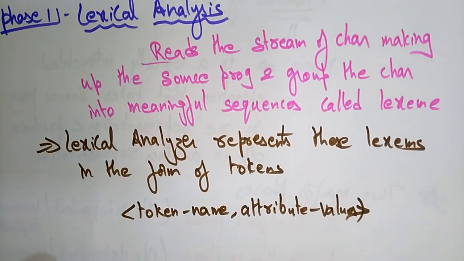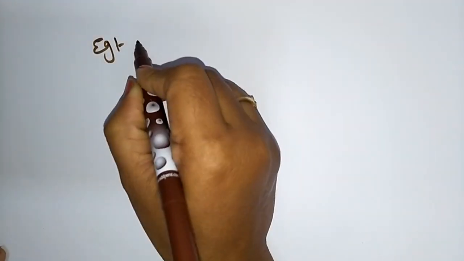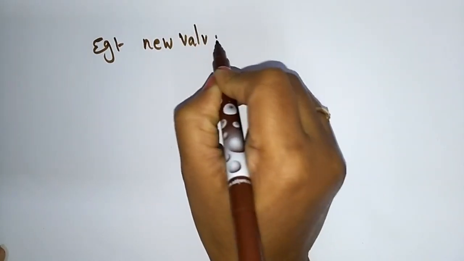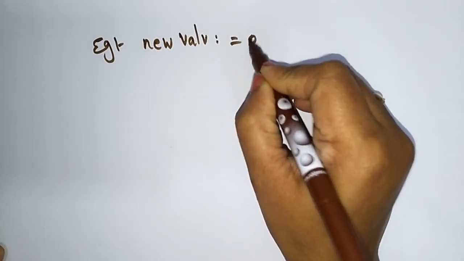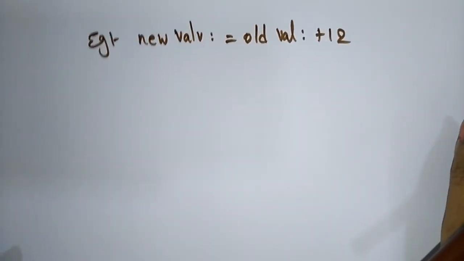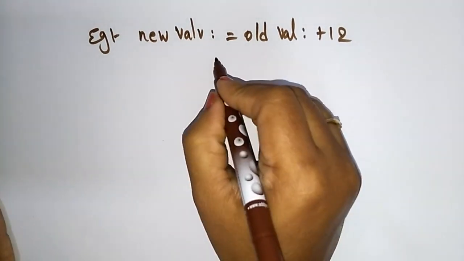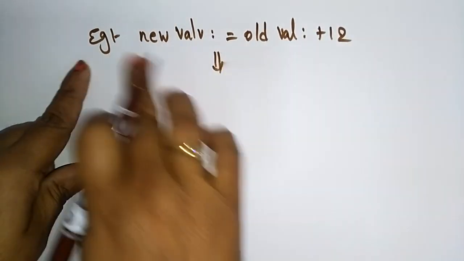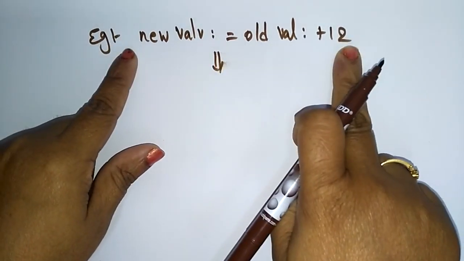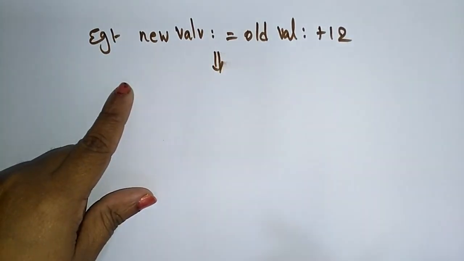Let me take one simple example of how a program is converted into tokens. Take the statement: new value is equal to old value plus 12. This statement, consisting of a group of characters, is converted into tokens in lexical analysis.